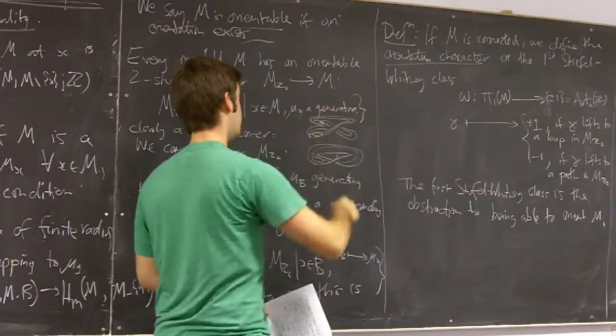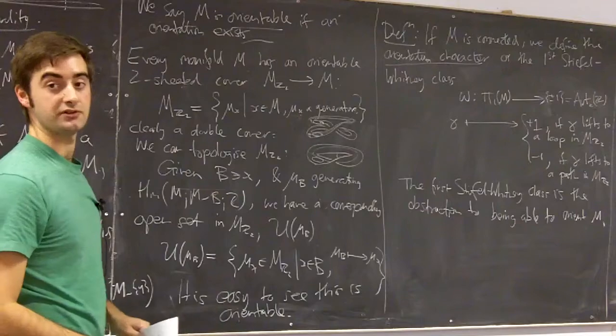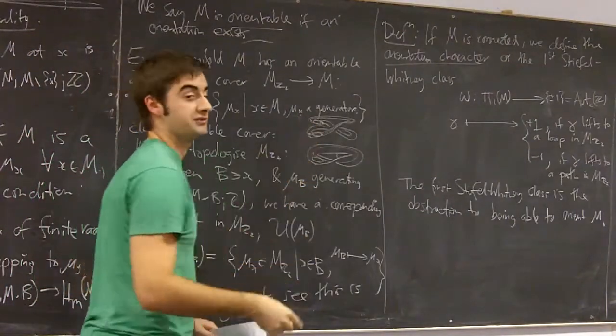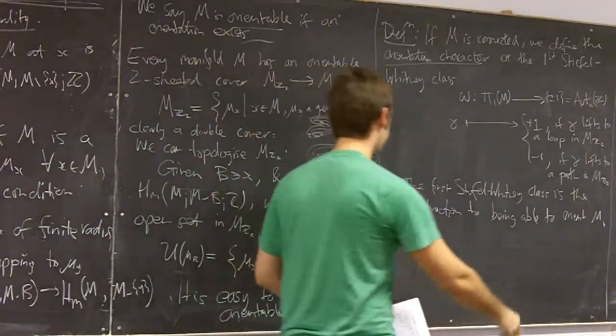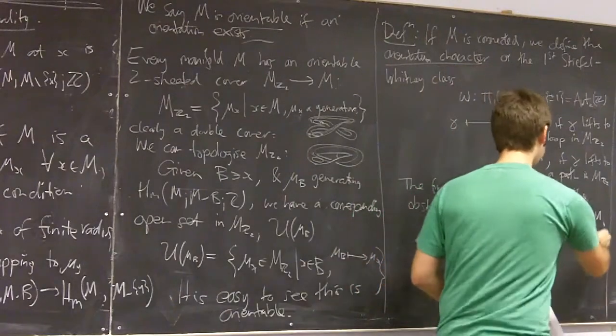And so this isn't a globally consistent choice, because you have this jump as soon as you go around a loop. So that means you can't orient M.